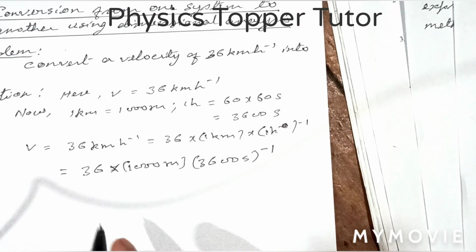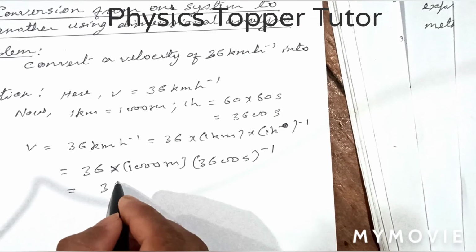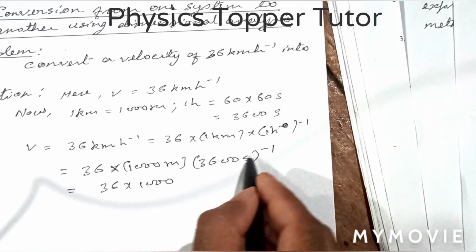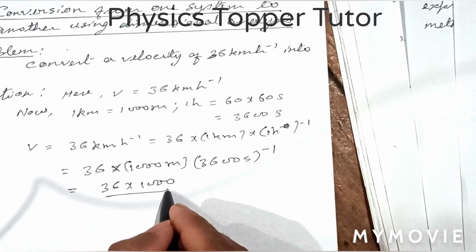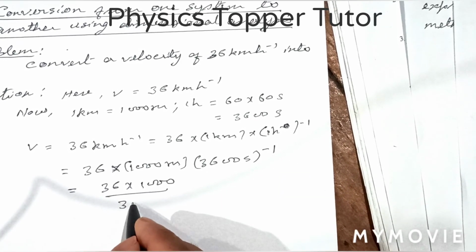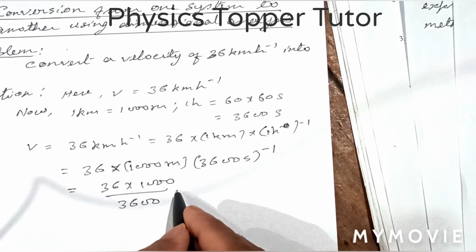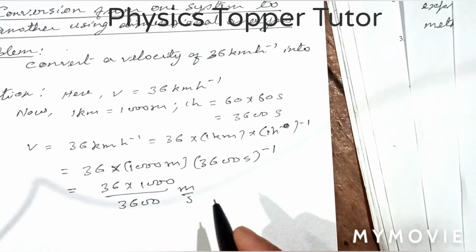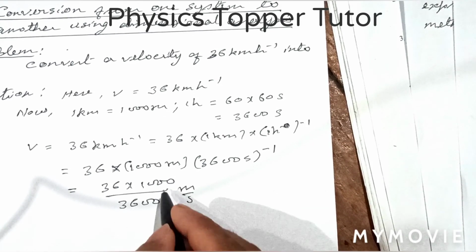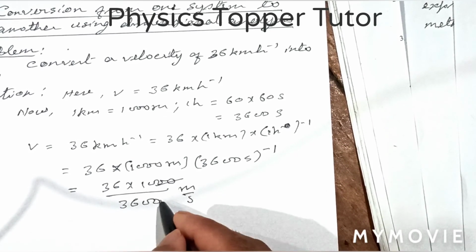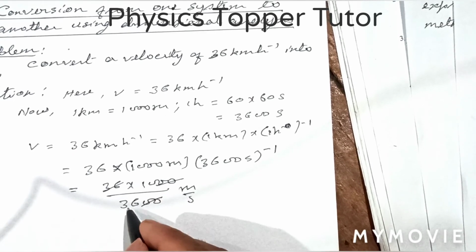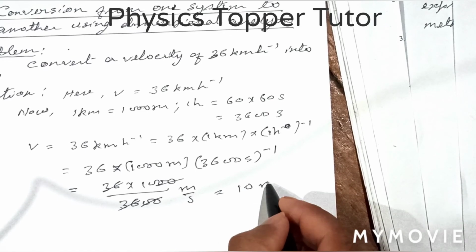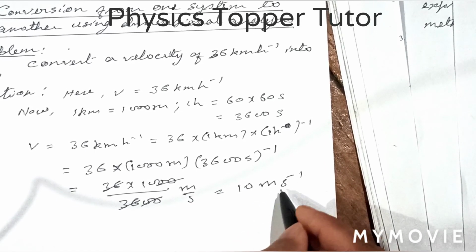So 36 into 1000, then since it is to the power minus 1, the 3600 comes down. This is meter and this is second. So cancel the two zeros, and from 36 what is left is 10, and the unit is meter per second.